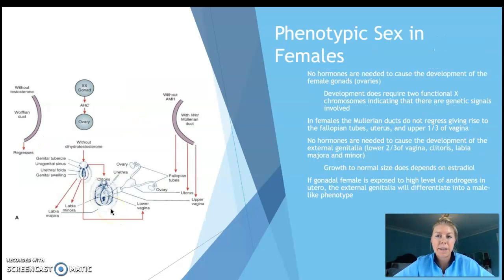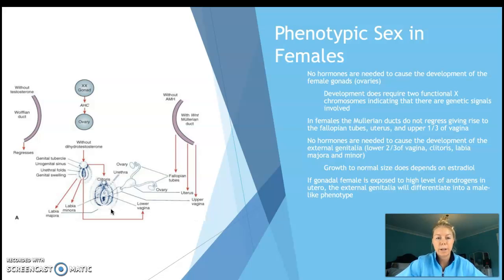Now let's talk about phenotypic sex in females. This is the major difference between sex determination in males and females. No hormones are needed to cause the development of the female gonads, which are ovaries. Development does require, though, 2 functional X chromosomes, indicating that there are genetic signals involved.